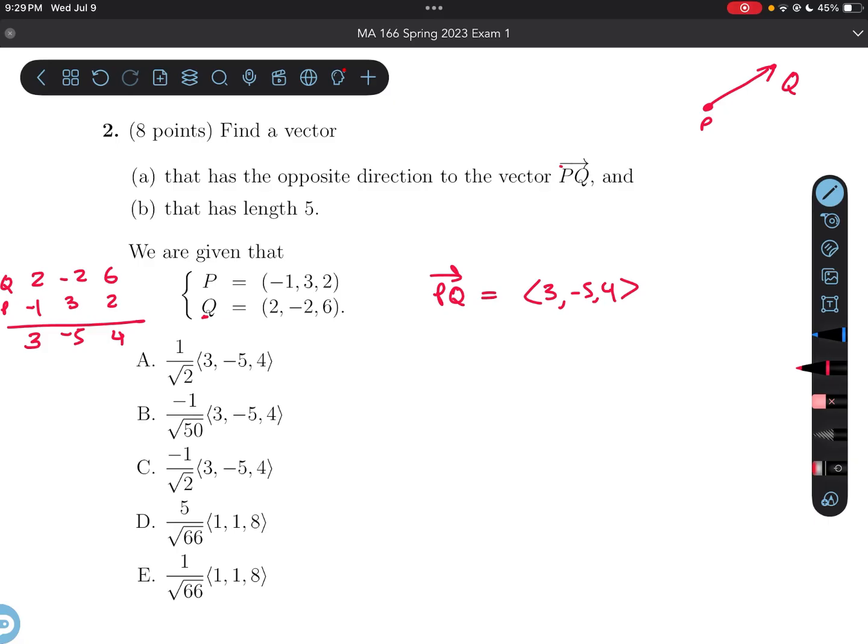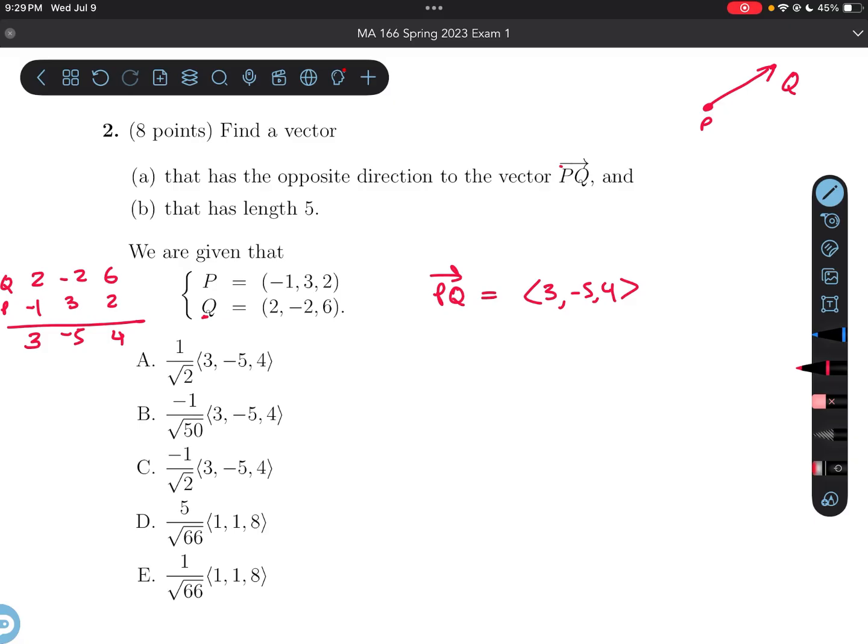We have PQ. Now, the question says find the vector that has the opposite direction to the vector PQ and that has length 5.